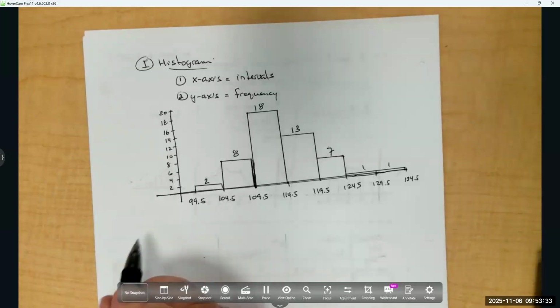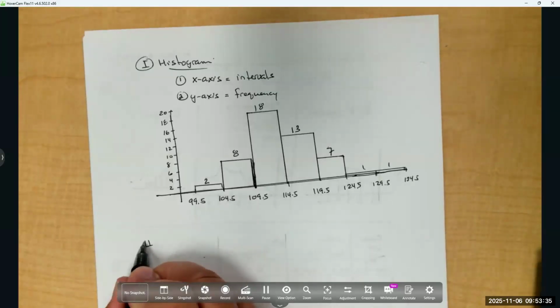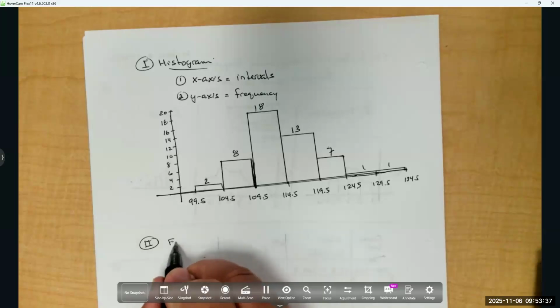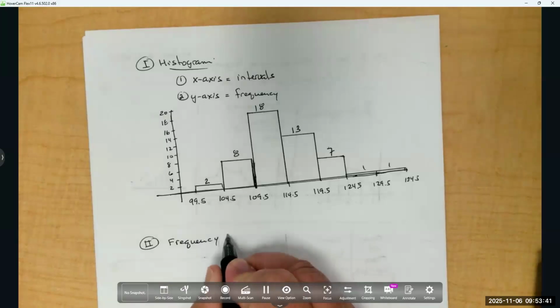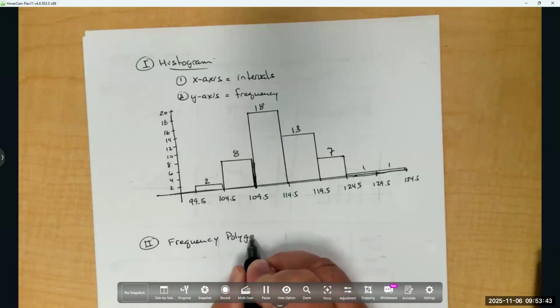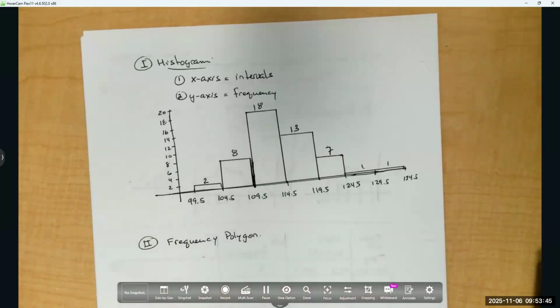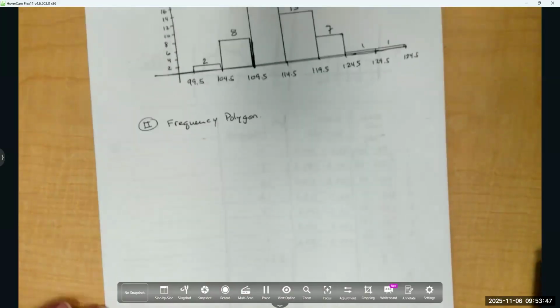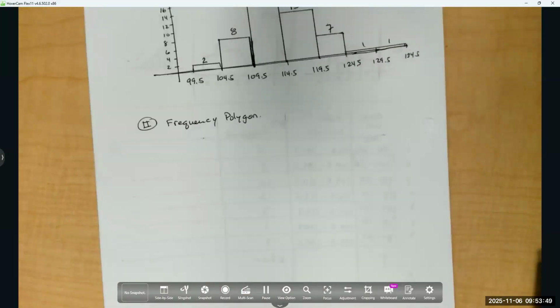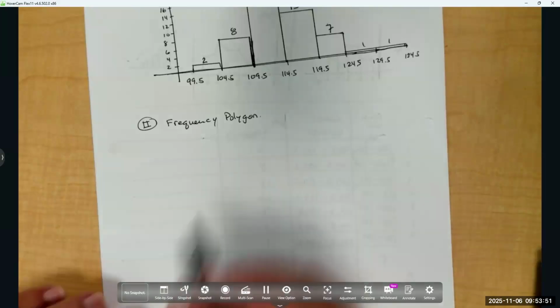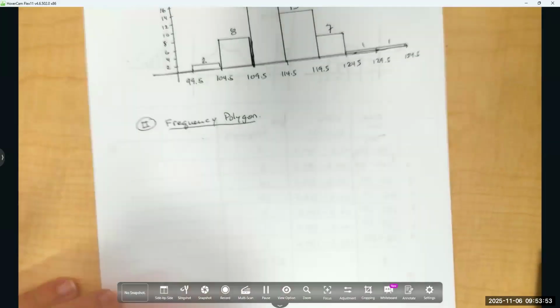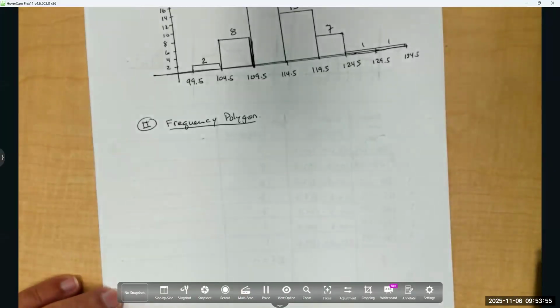So the next one, how do we do a frequency polygon? Or option 3, neither.